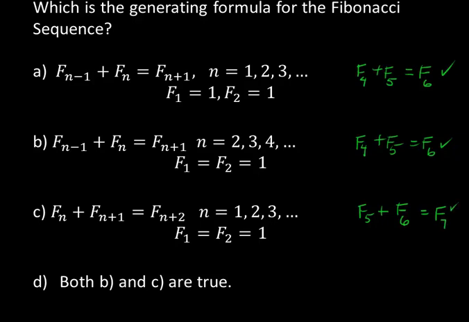So all of these expressions here, it's true that if you take a Fibonacci, f sub n, and you add, I think of the word next. If you have the nth Fibonacci and you add the next one to it, that you get the next one after that.